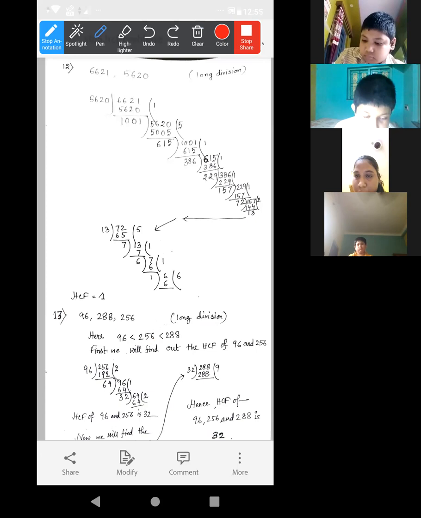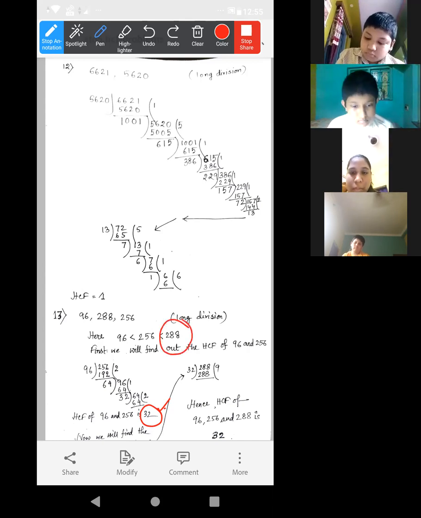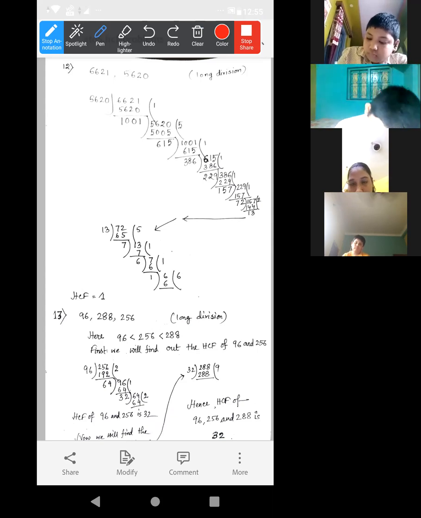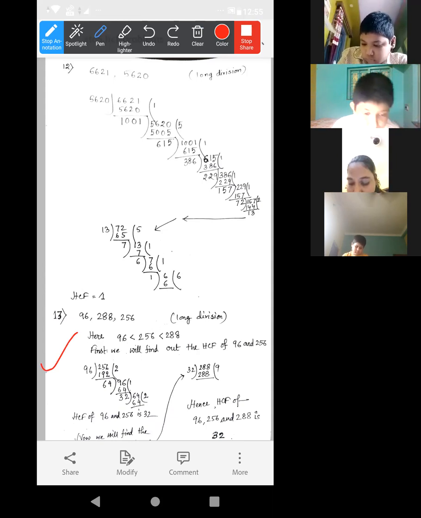We are getting 32. Now with this 32 again we apply the long division method with the bigger number. Tazif, I explained this type of thing in that class when you were present too. Yash, Orgodeep, understood?